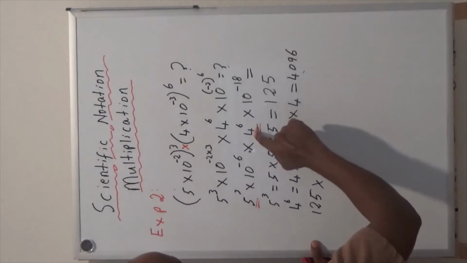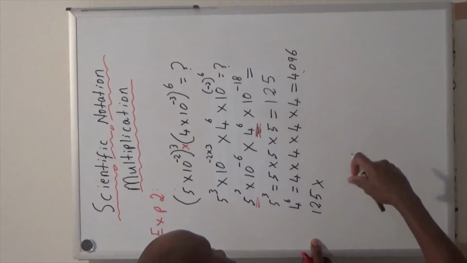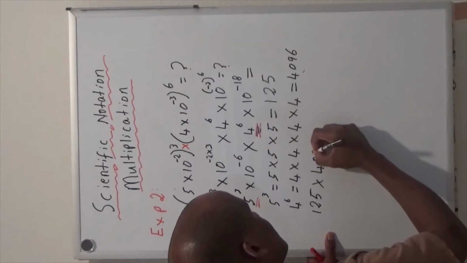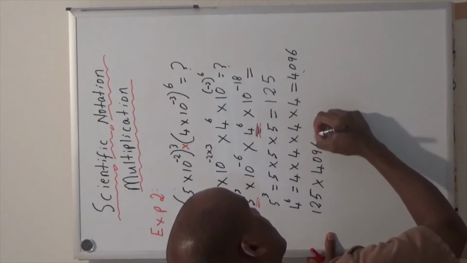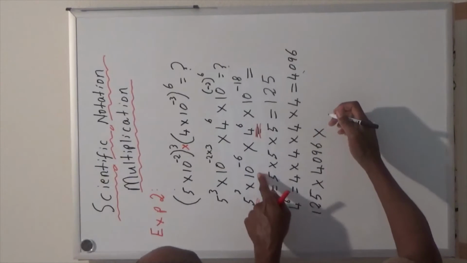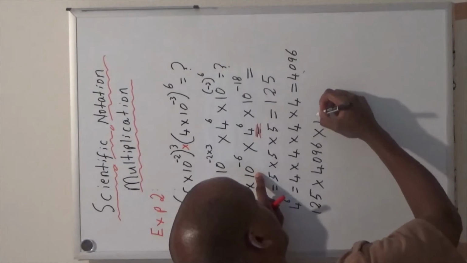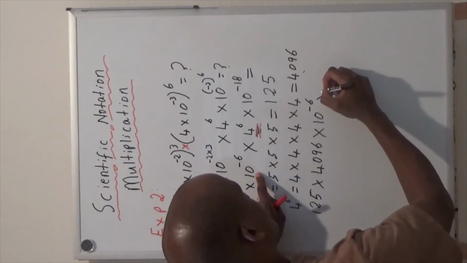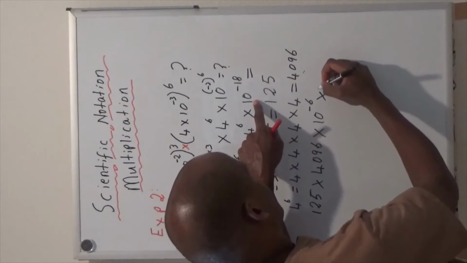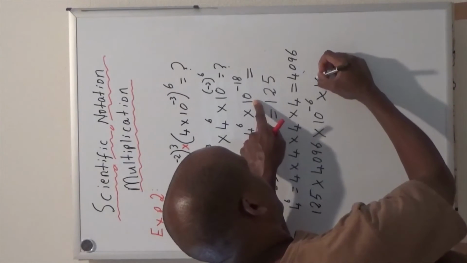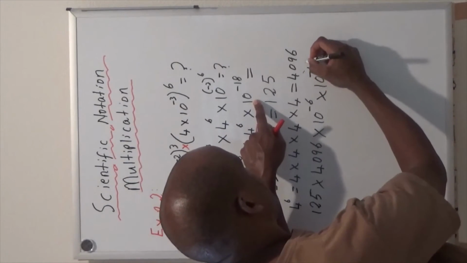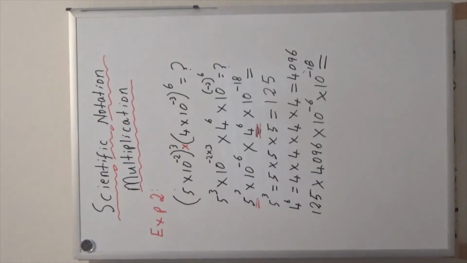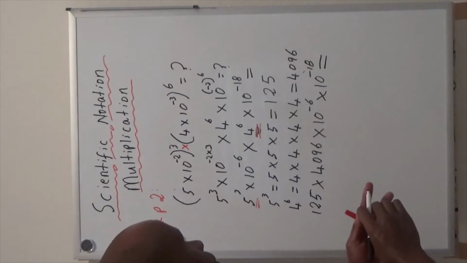So as a substitute, 4 to the power of 6 is 4096, times 10 to the power of minus 6, times 10 to the power of minus 18. I hope you're staying with me, right?